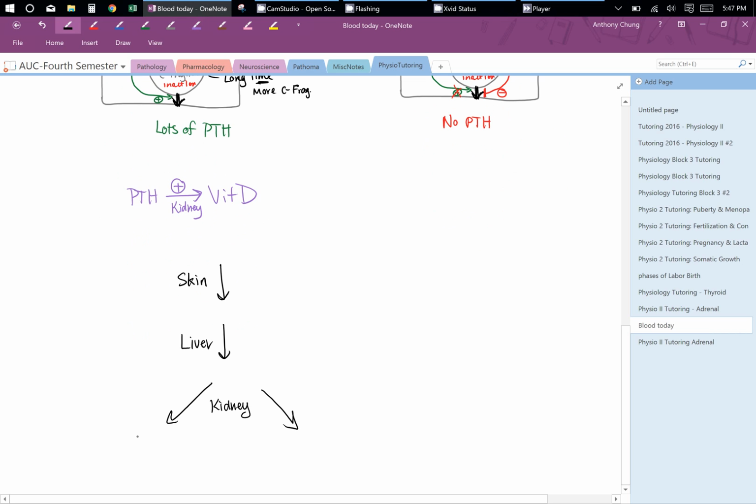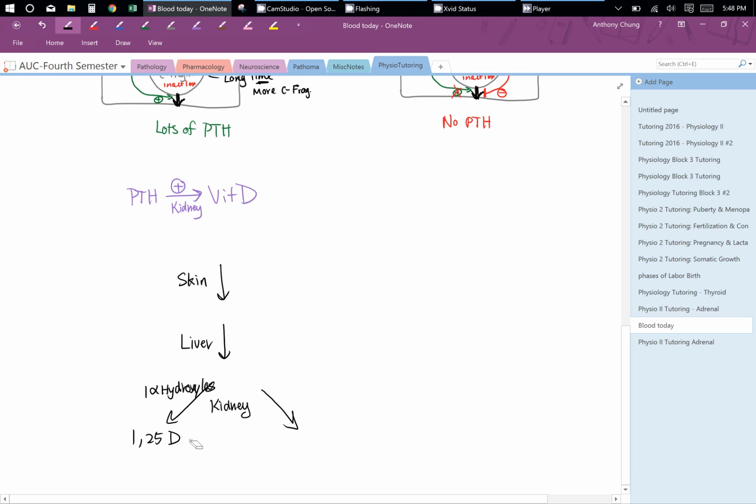And the last step, this enzyme is called 1-alpha hydroxylase. And 1-alpha hydroxylase is going to be the last step in making the active vitamin D, which is 1,25 dihydroxycalciferol.